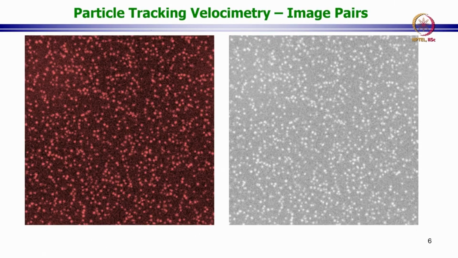So, when it comes to particle tracking velocimetry, we are going to work with image pairs, and this is an image pair that we were introduced to in an earlier lecture. This is image 1 and this is image 2. And the whole idea is now what cross correlations etc. we are going to do. I am going to talk about that in a moment.